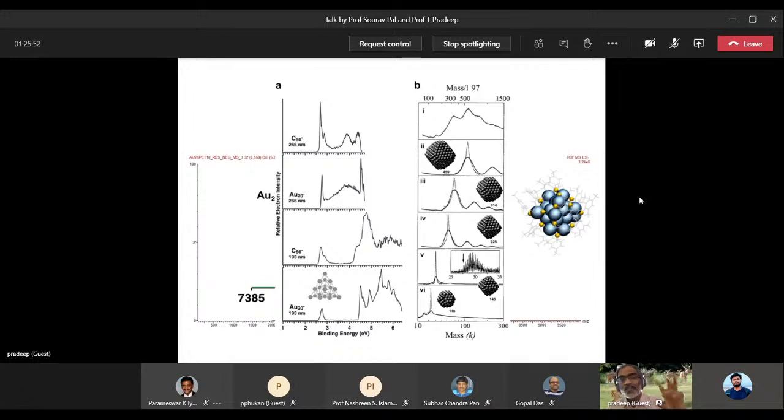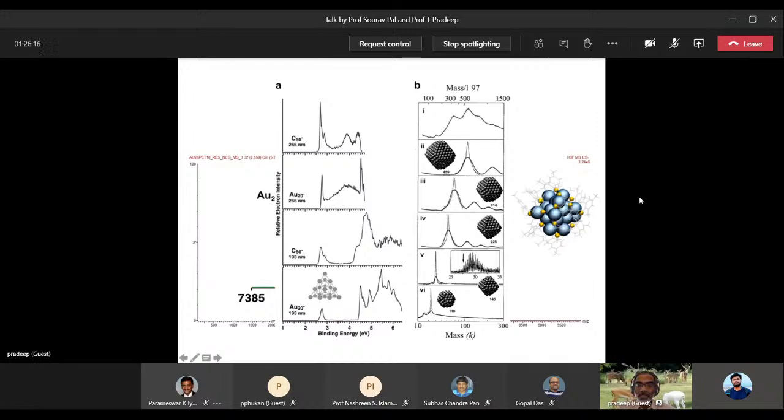So that interest has been there for quite some time. So here is a paper, somewhere around 1996 or so. So you see, it's already 26 years ago that people started looking at these.